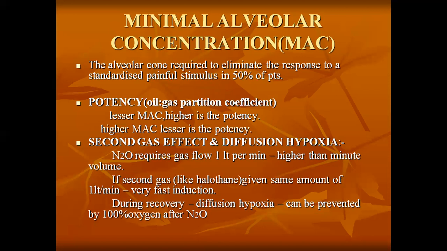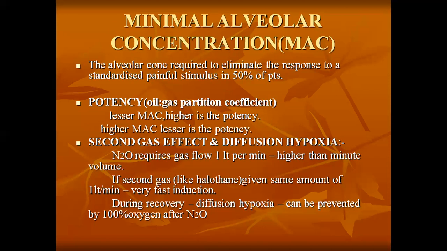It is the concentration of the anesthetic at 1 atm pressure that produces ablation of movement in response to surgical incision. Usually 0.5 to 2 MAC is required for adequate anesthesia.